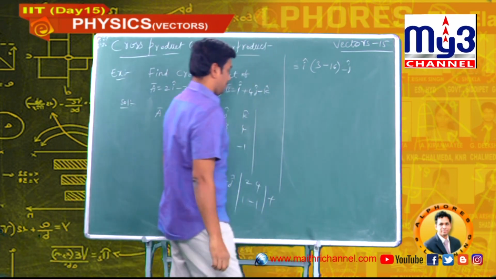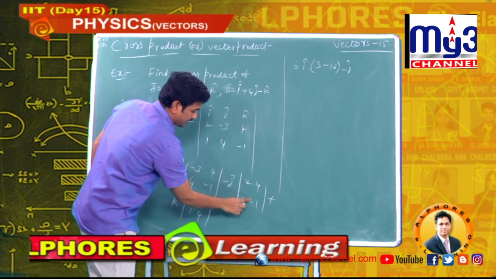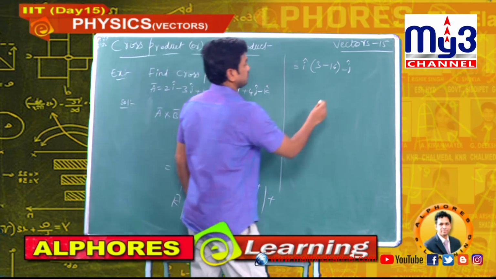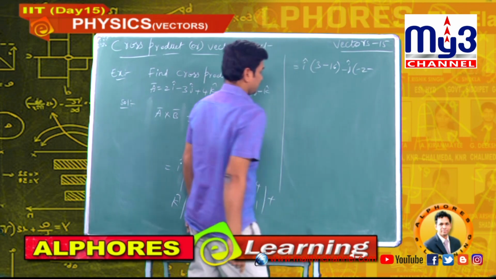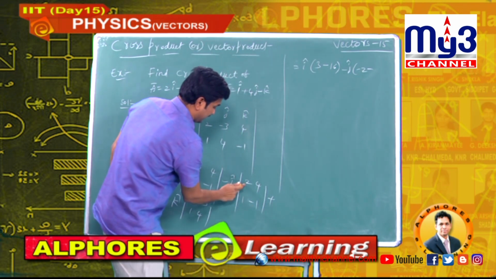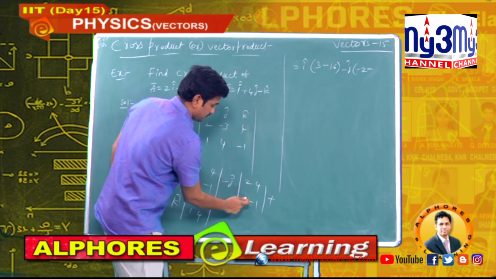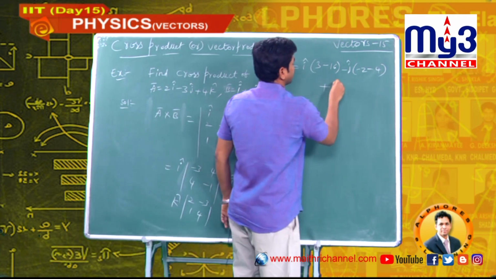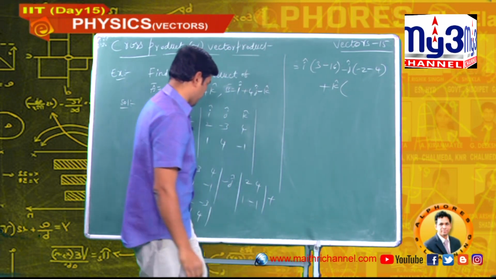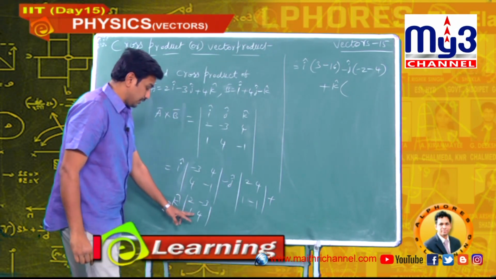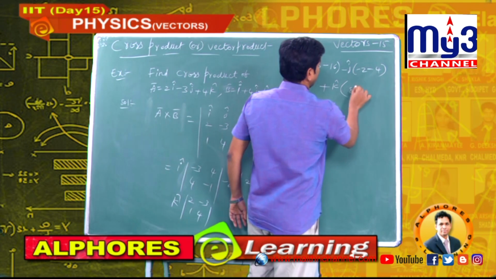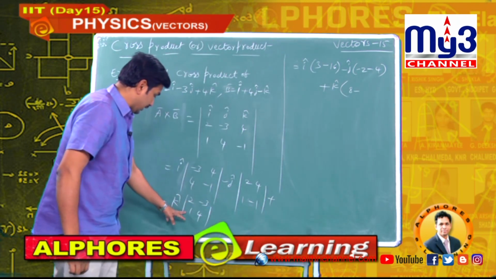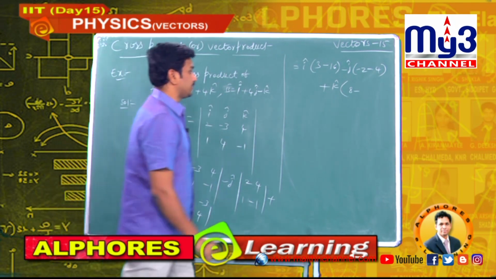Minus j cap: 2 into minus 1 is minus 2, minus, after completing this product, minus 4 into 1 is 4. Plus k cap: 2 into 4 is 8, minus 1 into minus 3 is minus 3.